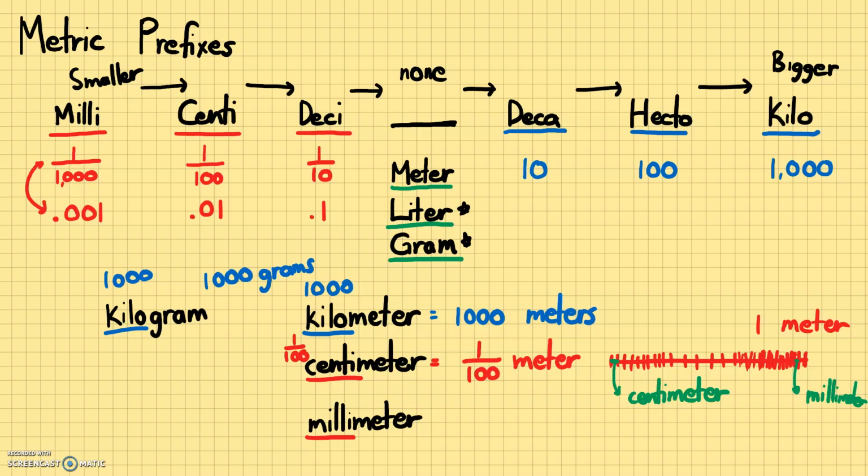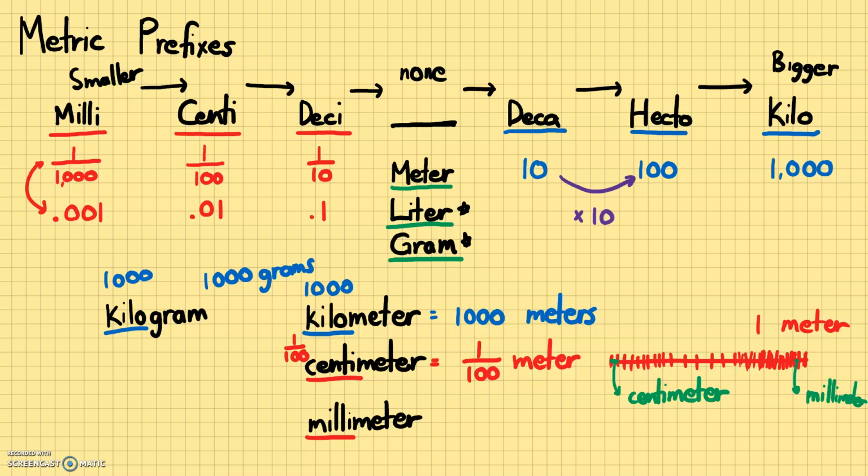Okay, and another property with metric prefixes, it's easier to see if you look at the bigger ones. So if you look at these blue ones, deca, hecto, and kilo, how did 10 become 100? Well, we went from 10 to 100 by multiplying by 10.